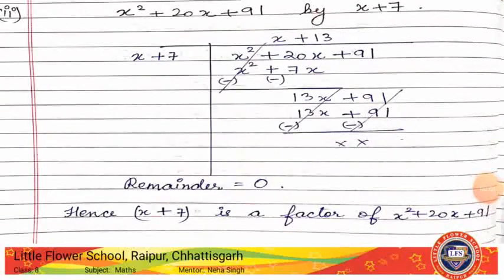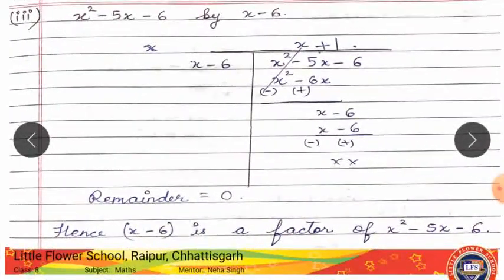So now we shall move on to the next question. Question number 2, third part. It is x square minus 5x minus 6, and it has to be divided by x minus 6.